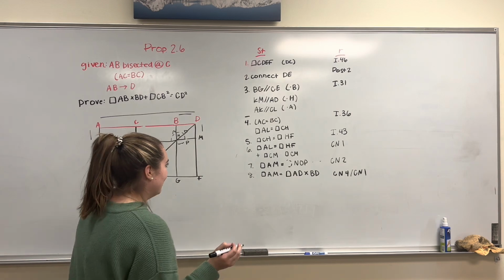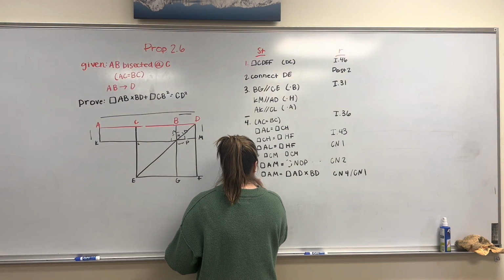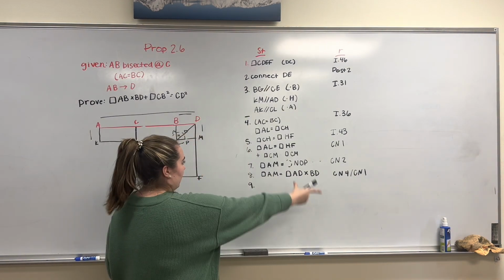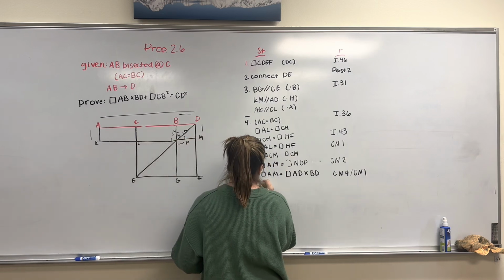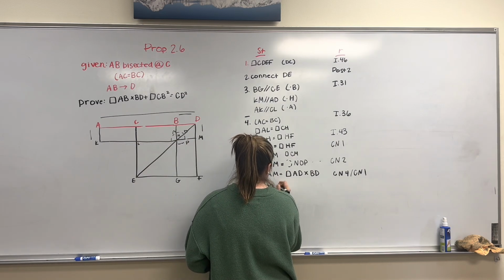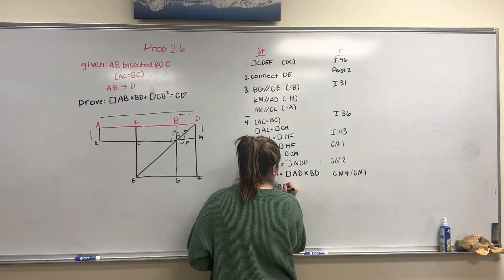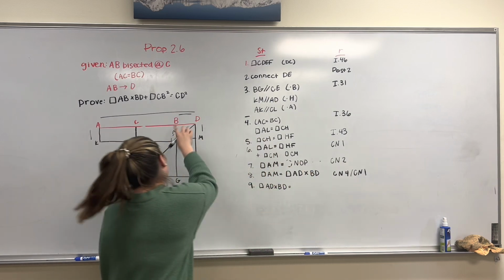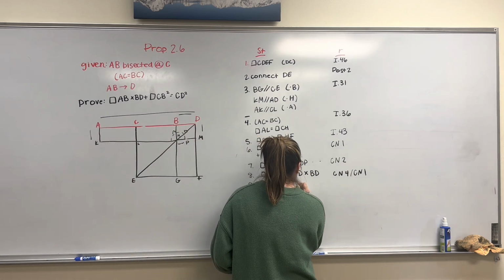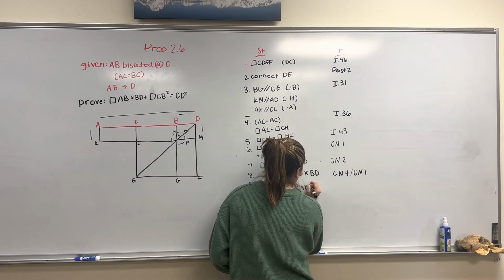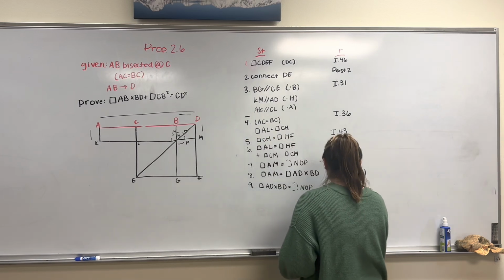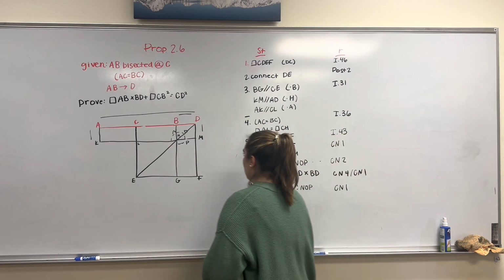So now we have that. We can then plug this back into this, and we can say that AD times BD is equal to this shape NOP. And that would be common notion 1, which I just said previously.